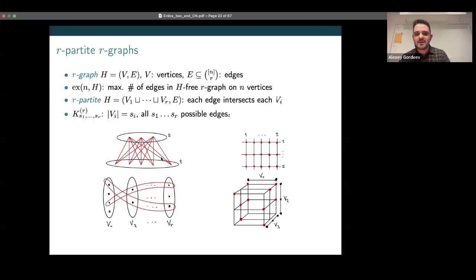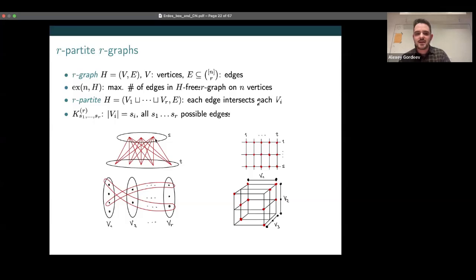If we have a complete bipartite graph with s vertices in one part and t vertices in another part, we can draw it in this way. We can draw s horizontal lines and t vertical lines, and say that every edge corresponds to an intersection of some vertical line and some horizontal line.